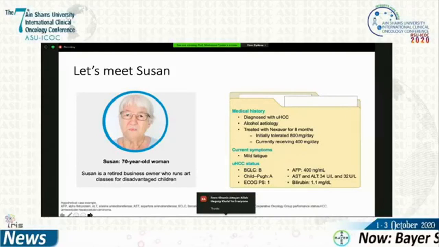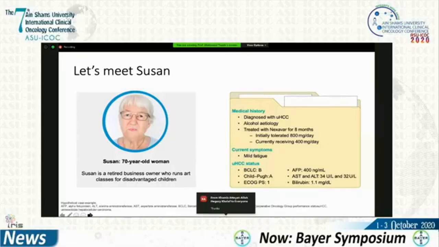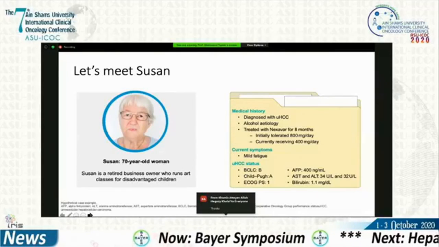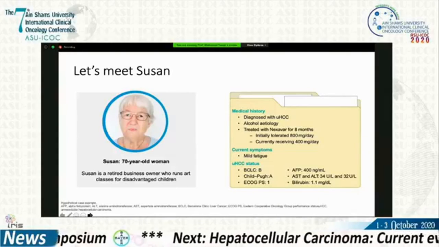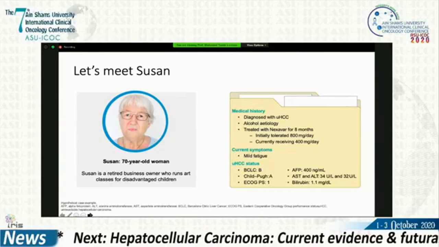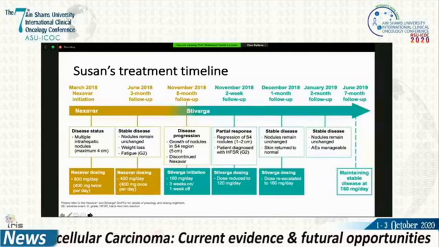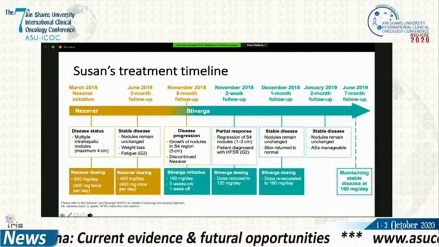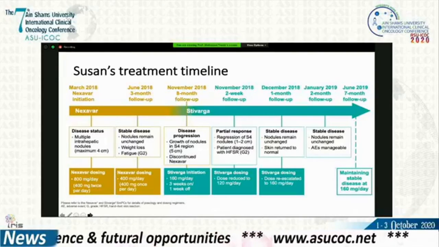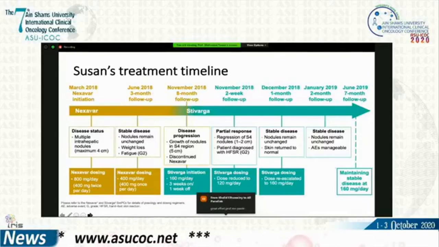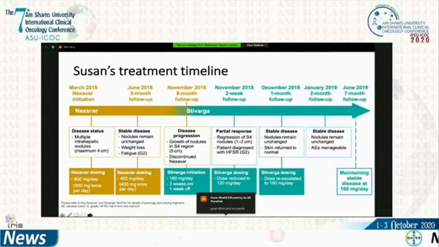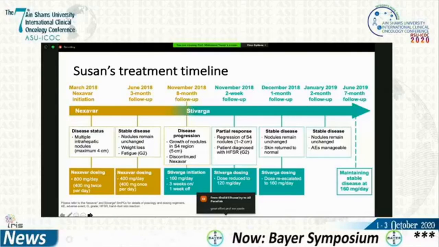Current symptoms: mild fatigue. Unresectable HCC, BCLC-B, alpha-fetoprotein 400 nanograms, Child-Pugh A, AST and ALT 34 and 32, ECOG 1, bilirubin 1. The patient received Nexavar from March 2018, and the dose was reduced to 400 milligrams in June 2018 until disease progression, and we had to start Stivarga, regorafenib, 160 milligrams per day, 3 weeks on, 1 week off, once daily.